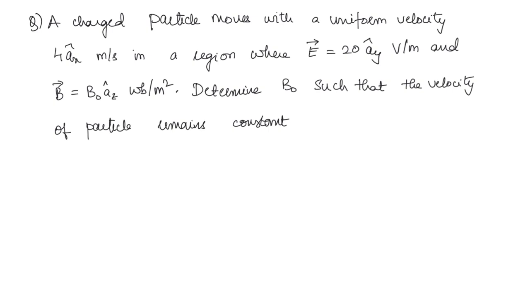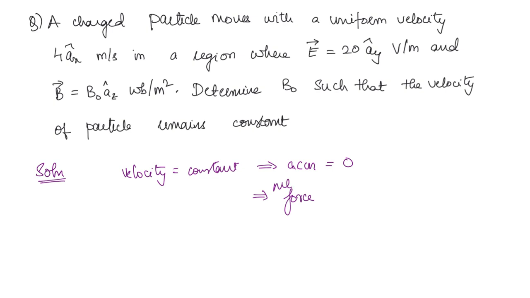Now, when does the velocity remain constant? Velocity remaining constant implies that the acceleration is 0. When acceleration is 0, it means the net force acting on it is equal to 0.